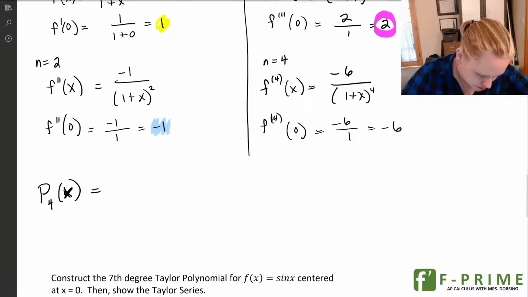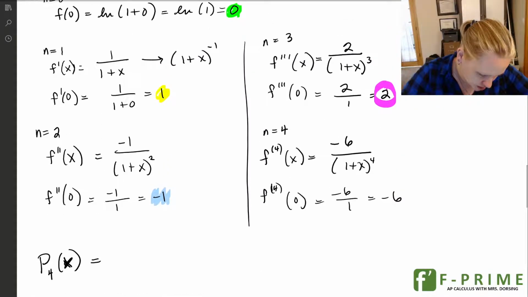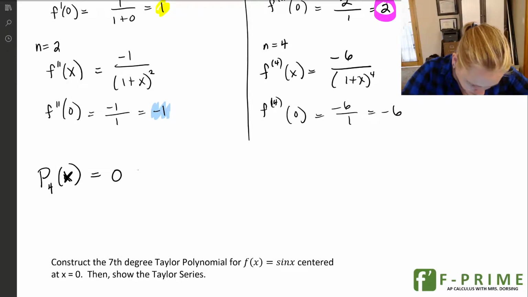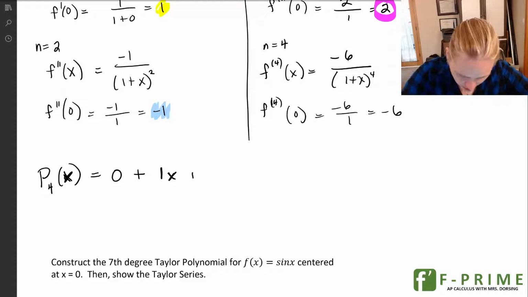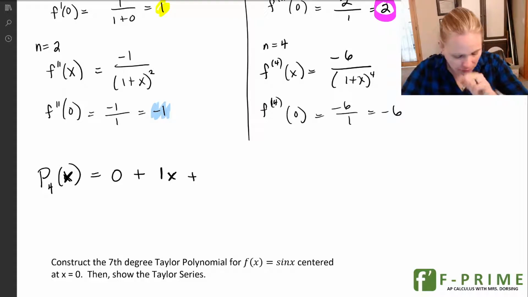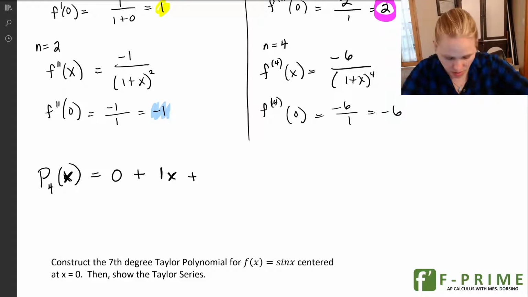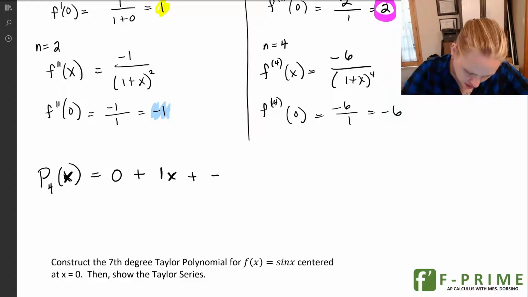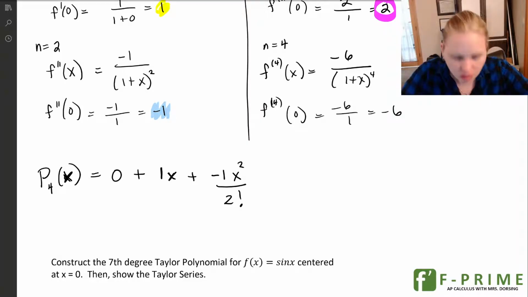It's going to be f of 0, which we said was 0. f prime is 1. And then f double prime. So n is 2. So whatever derivative it is, the second derivative means it's going to be the second power and a 2 on the bottom. So I'm going to have negative 1 x squared, 2 factorial underneath, plus.